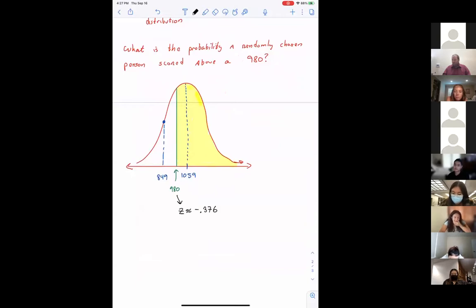I have x minus the mean over standard deviation? Okay, so what's the x in this case? It would be 980. And what's the mean? 1059. Okay, I got it. Thank you.